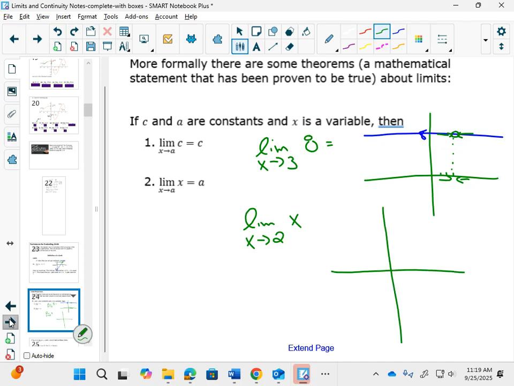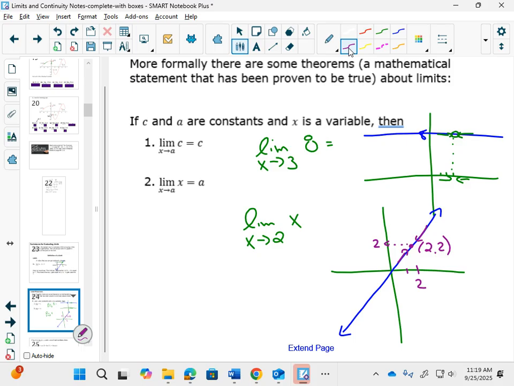Well, the inside is my graph. If I graph y equals x, do you see that that is the perfect diagonal line like this? And if I got close to, say, 2, from this side and from this side, well, on my graph, I have 2 comma 2. Does it make sense that my y value would also be 2?